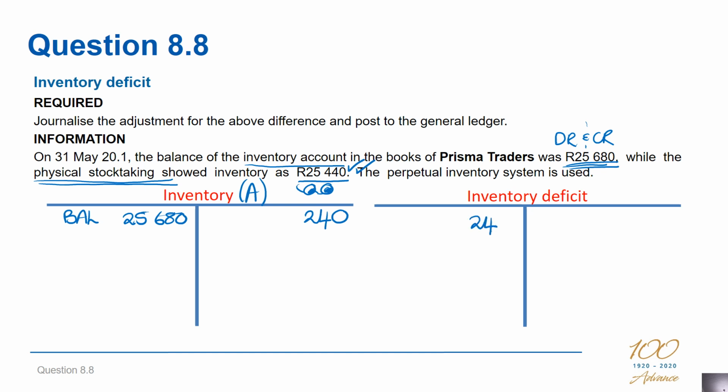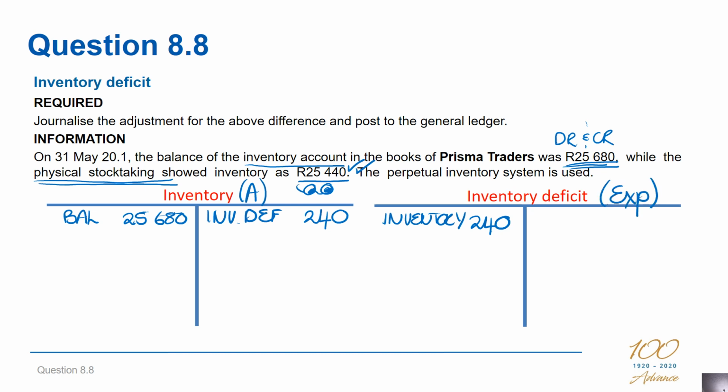So we will have a debit entry in an inventory deficit account. This amount, we got it from inventory, and this 240 was taken to the inventory deficit. Inventory deficit is an expense account.